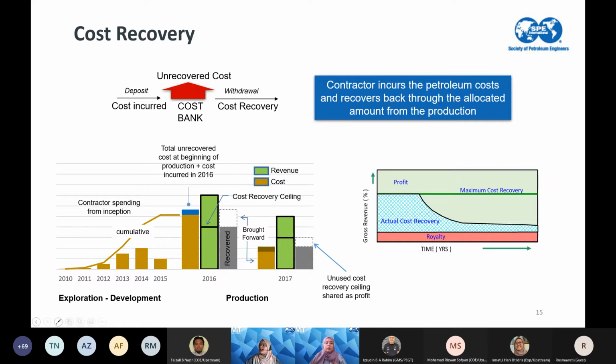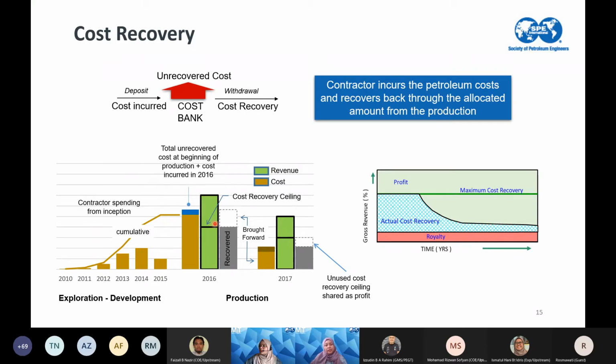Ta-da! From this revenue, as you can see from the previous discussion, not all of it can be used for cost recovery. Usually a small percentage is left behind as profit, or recognized as profit in the contract, to allow this to be split between host authorities and contractor.